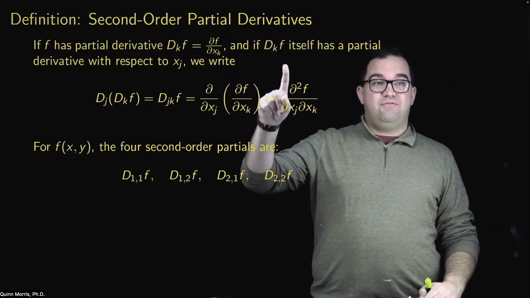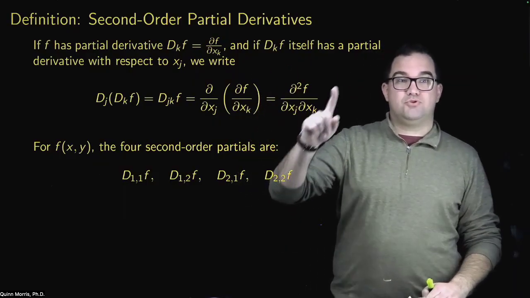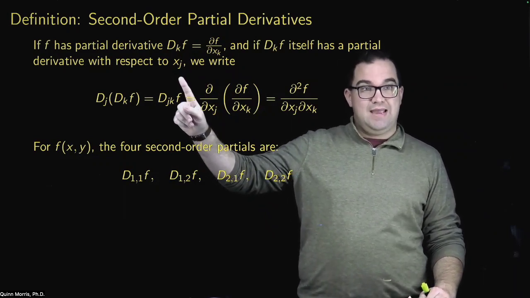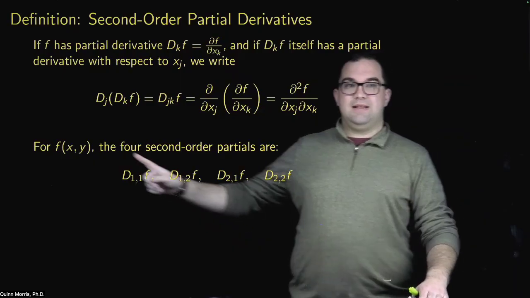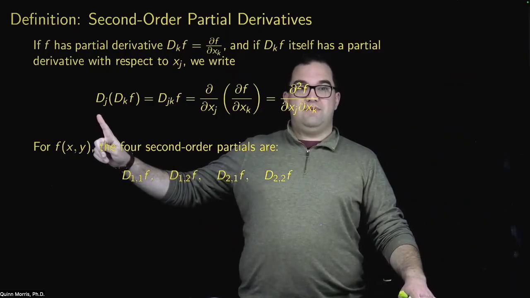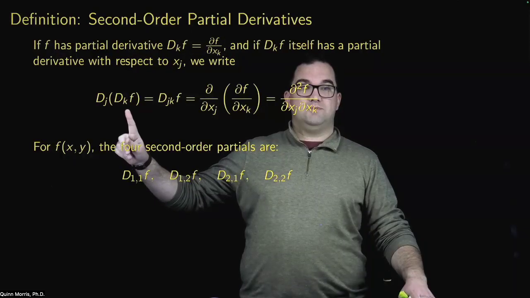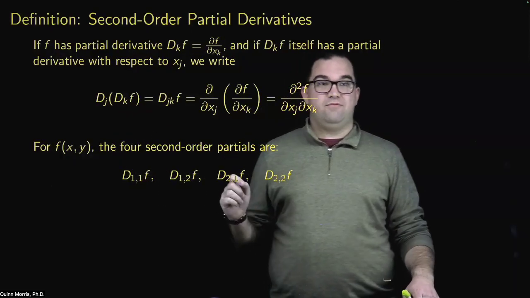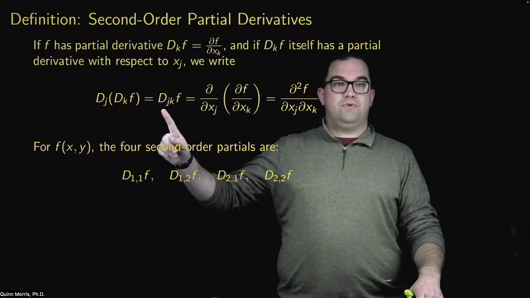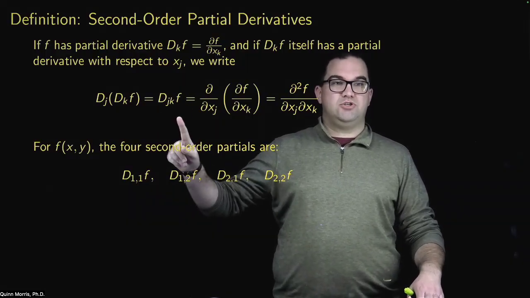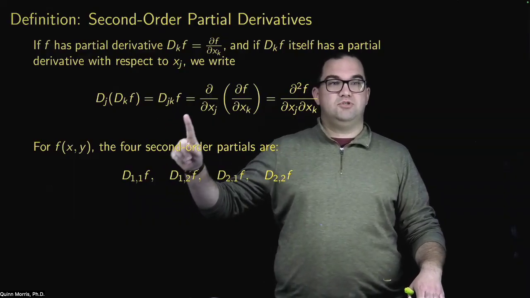So if that function itself has a partial derivative with respect to, say, one of the other variables, xj, then we can take the derivative with respect to the jth variable of the derivative with respect to the kth variable of f, and we call that partial derivative d sub jk. So this is the notation we'll commonly be using, d sub jk.